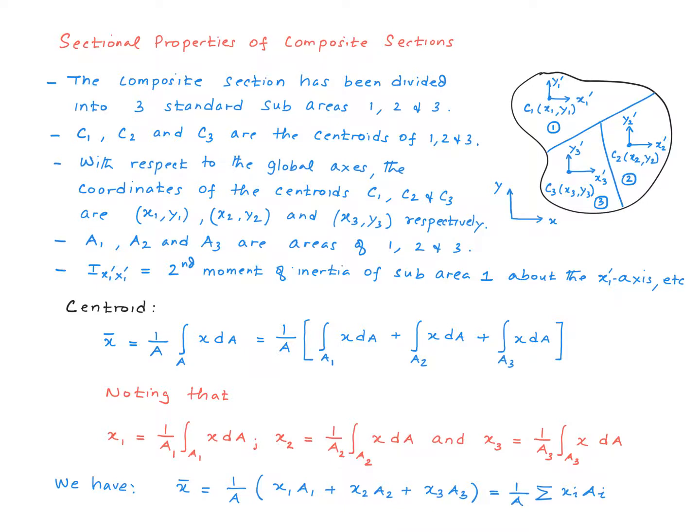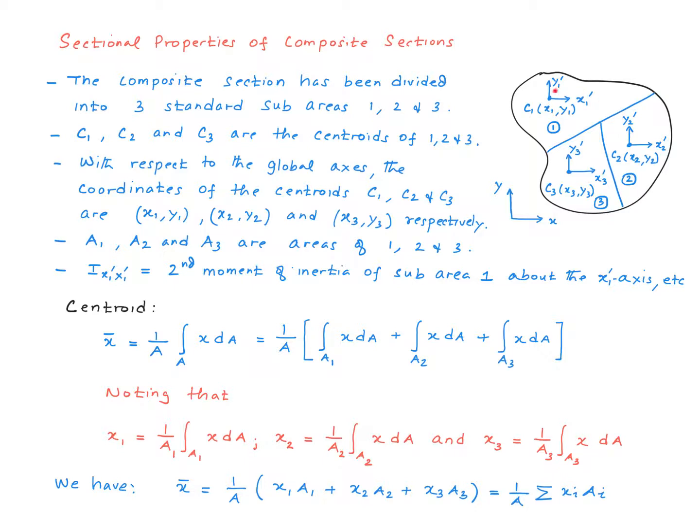And here is the equation for finding x bar of the composite section. In this equation, the integral of x times dA needs to be performed over the entire area A. You can see the integral can be divided into 3 parts like this. The first part is the integral over the sub-area A1, the second part is over A2, and the third part is over A3.